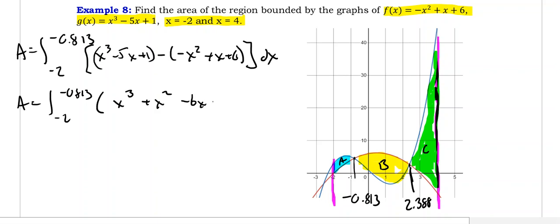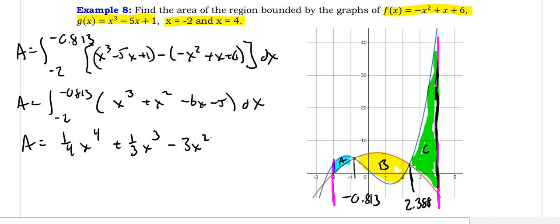The antiderivative of that would be 1/4 x to the 4th plus 1/3 x cubed minus 6x squared over 2, or minus 3x squared, minus 5x, evaluated from -2 to -0.813. And that area ends up being equal to 2.67.